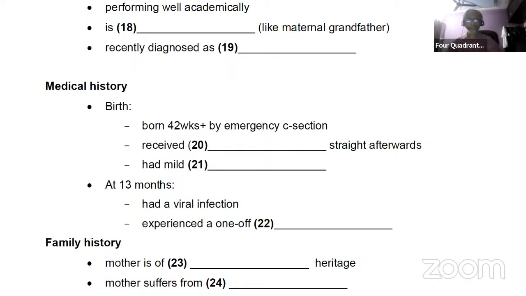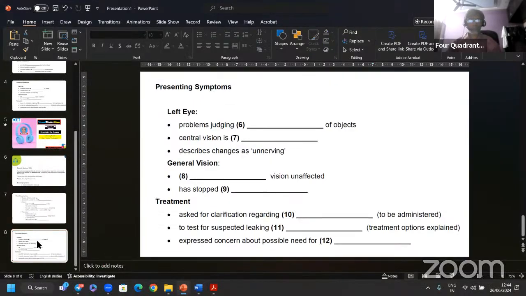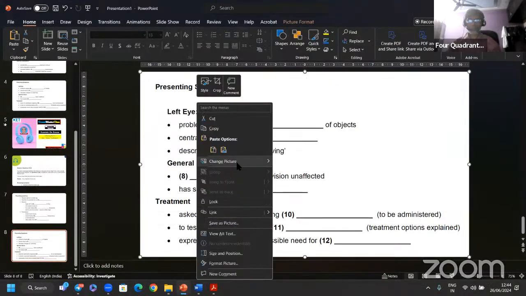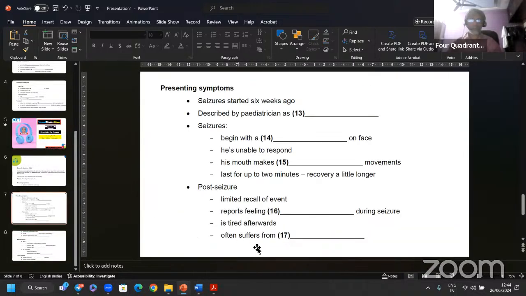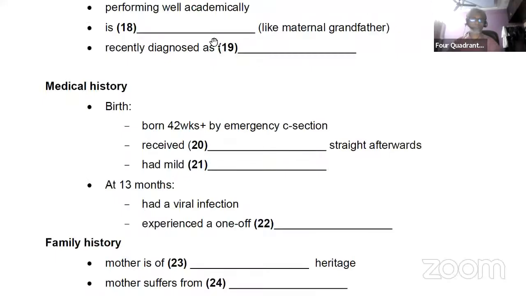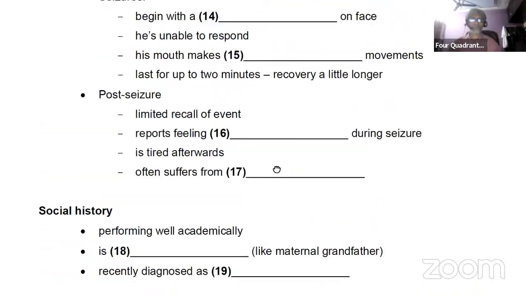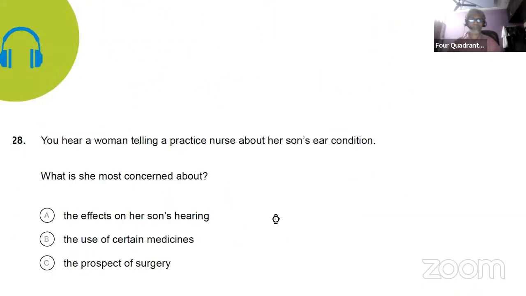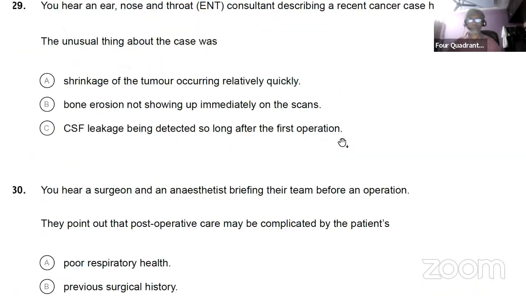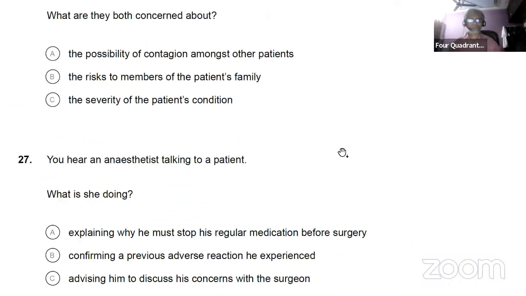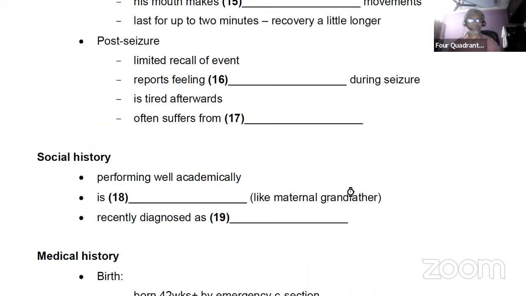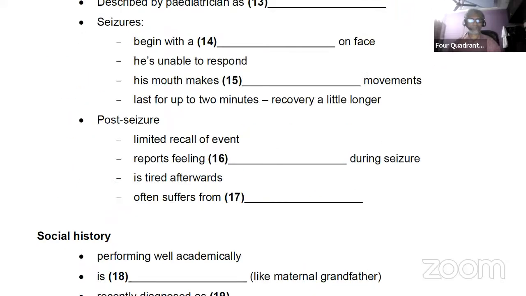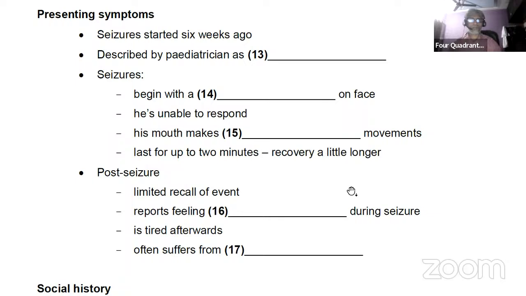So full screen. Change screen. Okay. Performing well academically. So here one more little up will take. Academically. Yeah, till here.